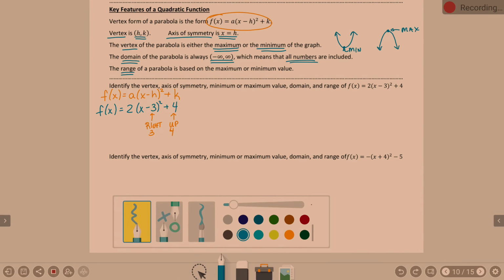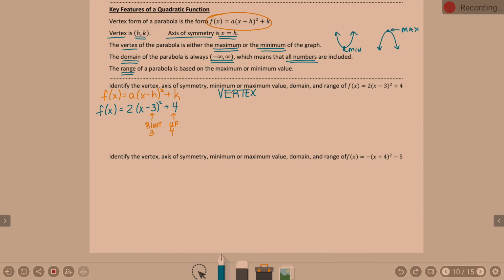So first thing I know is that my vertex is (3, 4). Now, keep in mind, when you look at your equation, you're using the opposite of the sign in the parentheses, yes? And then for the second number, you're using the given sign.